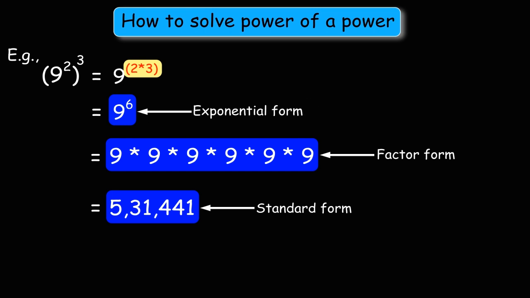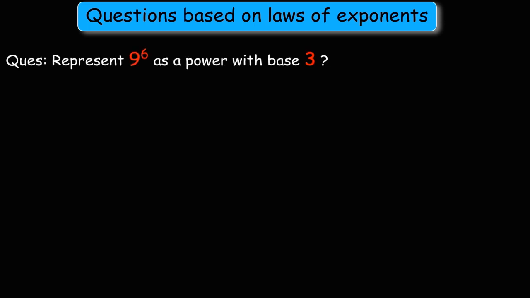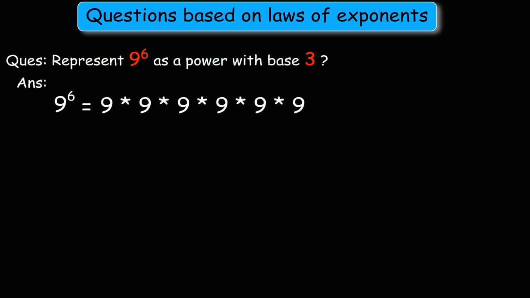So now, friends, we know laws of exponents. Let's solve some questions based on all the laws of exponents. First question, we have to represent 9 to the power of 6 as a power with the base of 3. 9 to the power of 6 means 9 multiplied by itself 6 times.